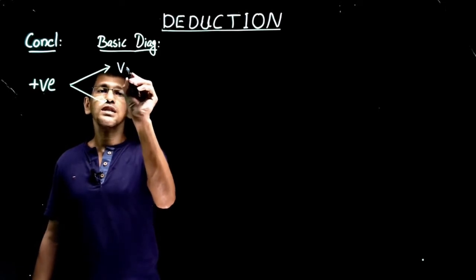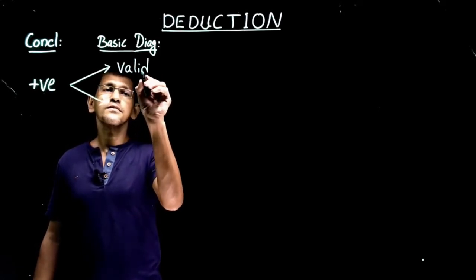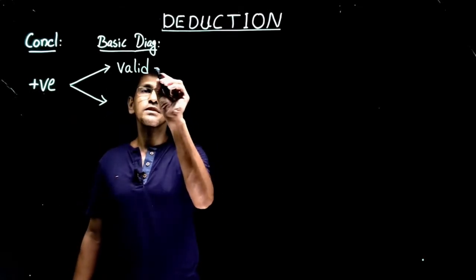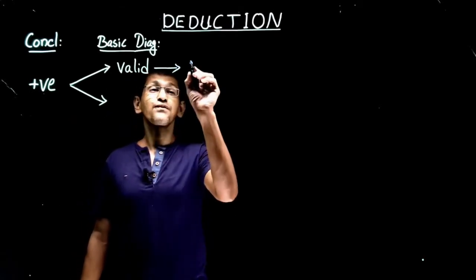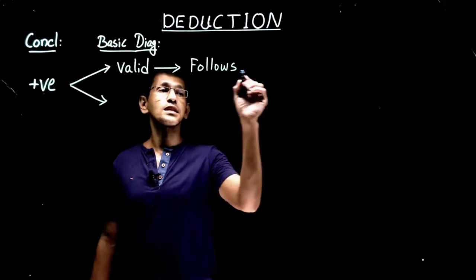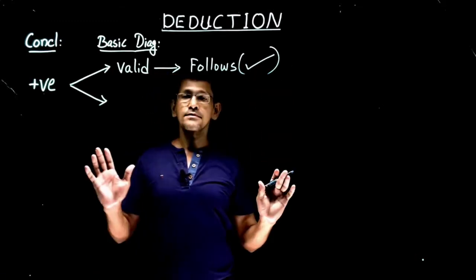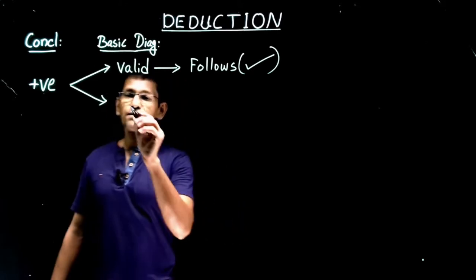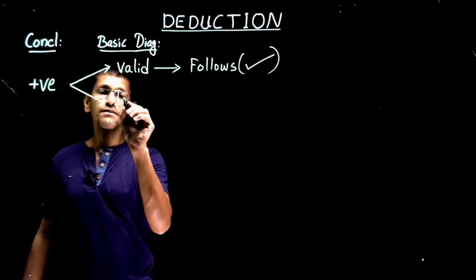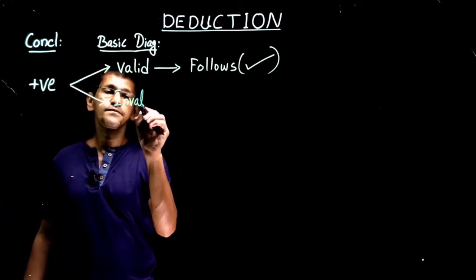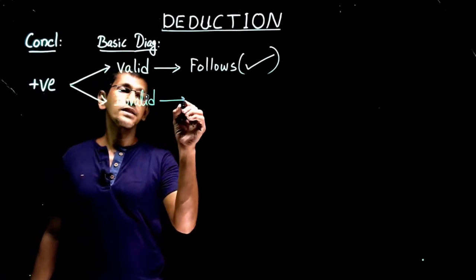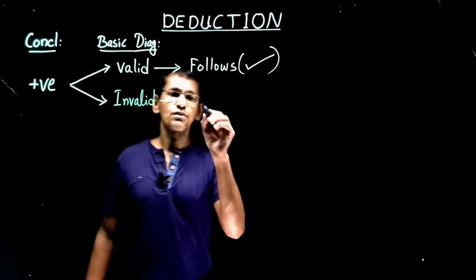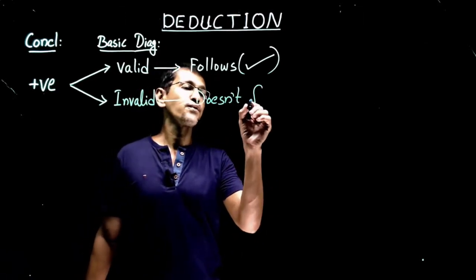If the positive conclusion is valid for the basic diagram, then it follows. That's it, follows. Now, a positive conclusion which is invalid for the basic diagram, naturally it doesn't follow.